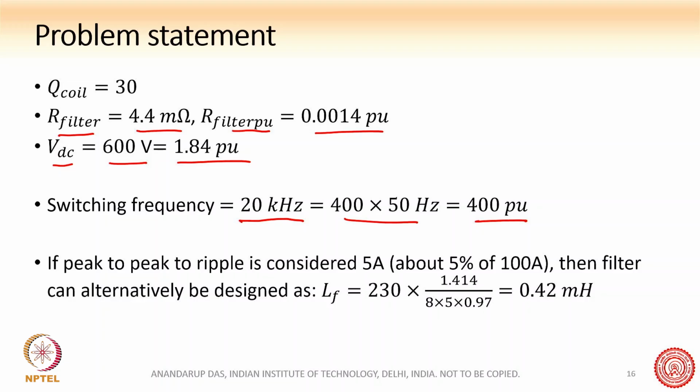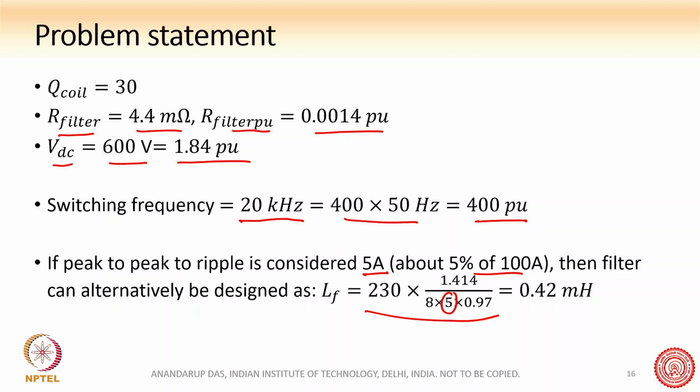So the filter can be designed in several other ways. Actually, there is also one more design strategy where we find out the peak-to-peak ripple in the filter. So if you take the peak-to-peak ripple as 5 ampere, about 5% of the normal current, okay, then you can also design the filter this way, taking this 5% as the ripple, and this equation comes from the hysteresis loop that we use, and from the switching of the filter.